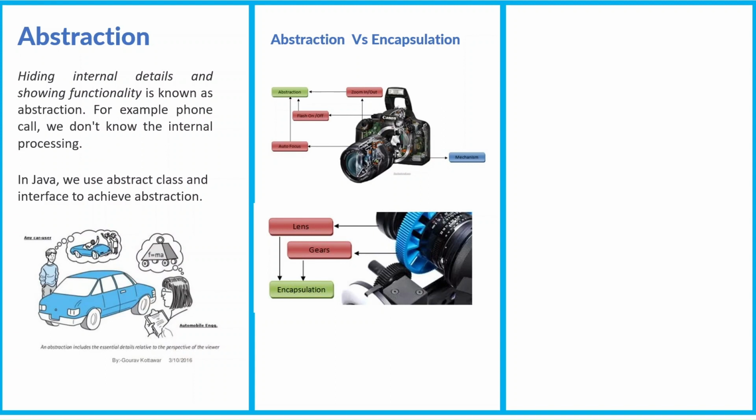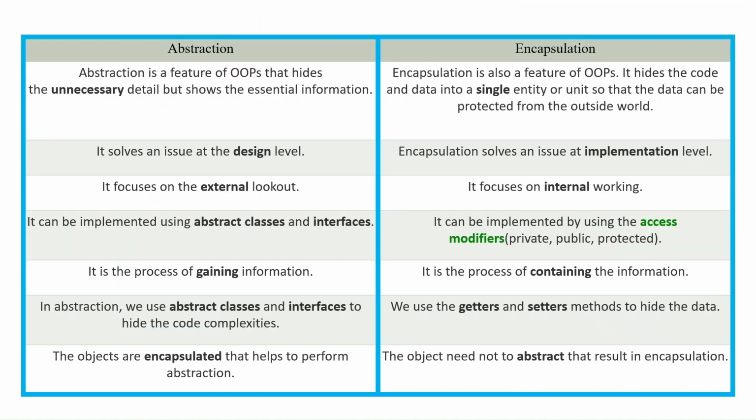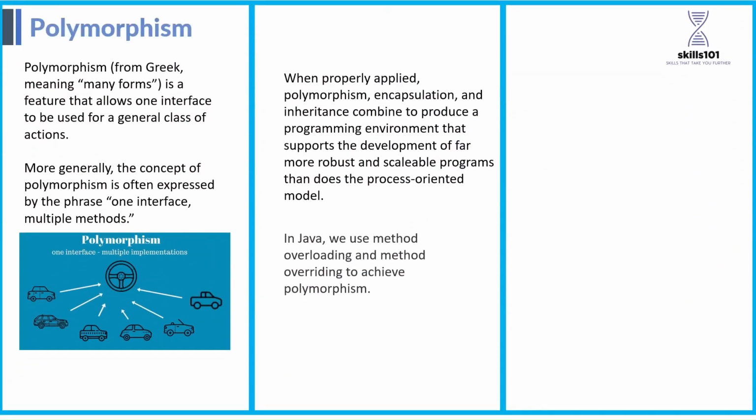So that's abstraction and encapsulation in a single class. You can find it again: abstraction is showing only necessary data, encapsulation is hiding unnecessary data, and you can use different ways to implement it.